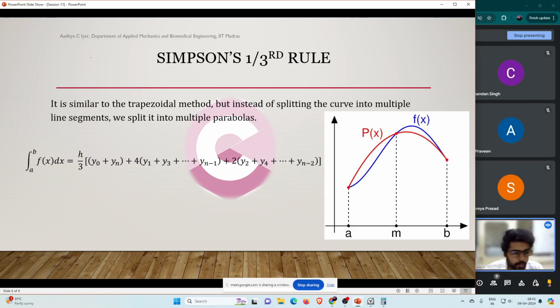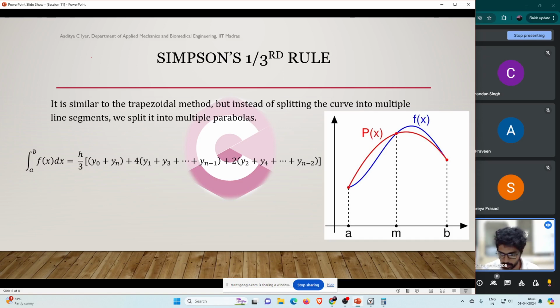I would like to introduce you to Simpson's 1/3 rule. So there are many rules here in Gauss quadrature. The first one was trapezoidal, where I said that it uses the fact that a long curve can be split into many small line segments, and for each line segment we can find the area.